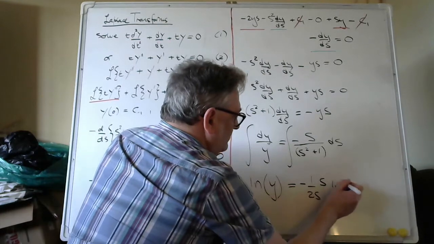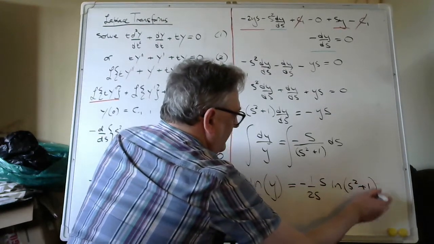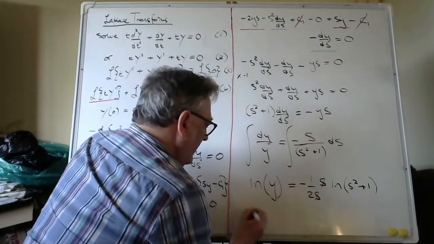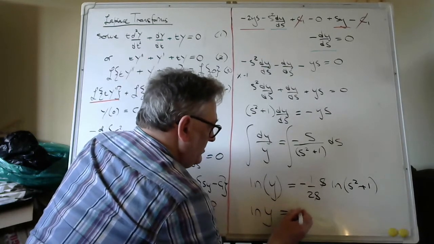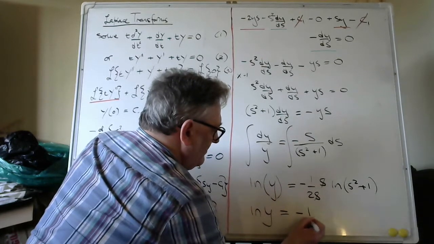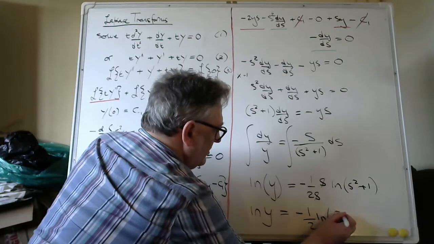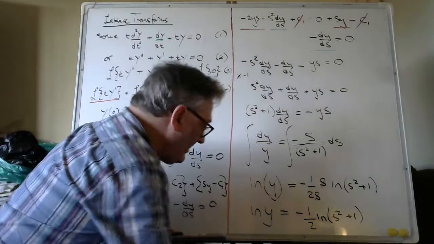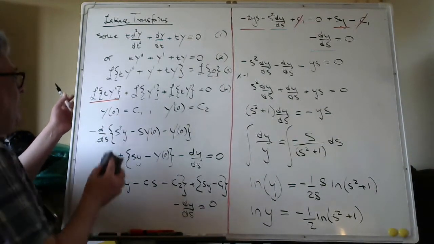And that's equal to log of s squared plus 1. So basically, we've got the log of y is equal to, and there should be a minus sign in there, good, we've got that, minus a half log of s squared plus 1. Right, we're not quite done, but we're getting close, certainly over halfway.